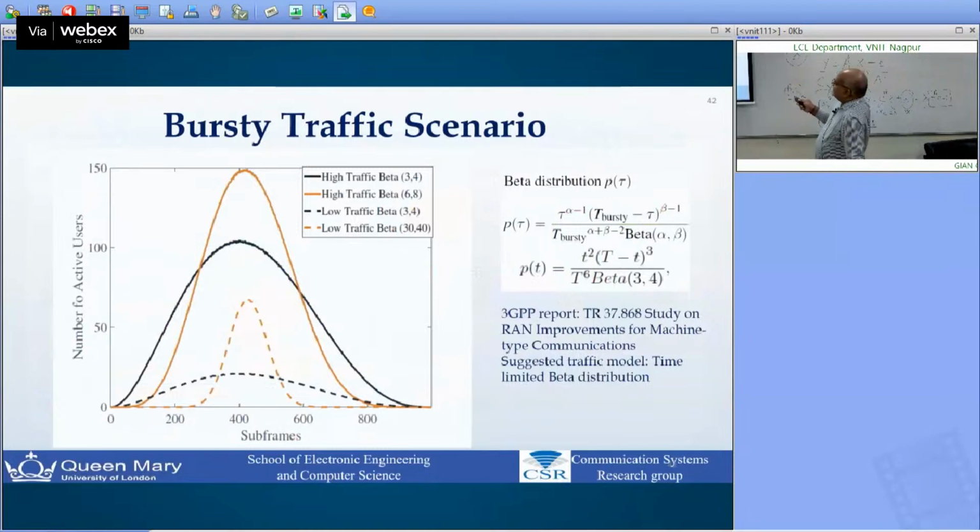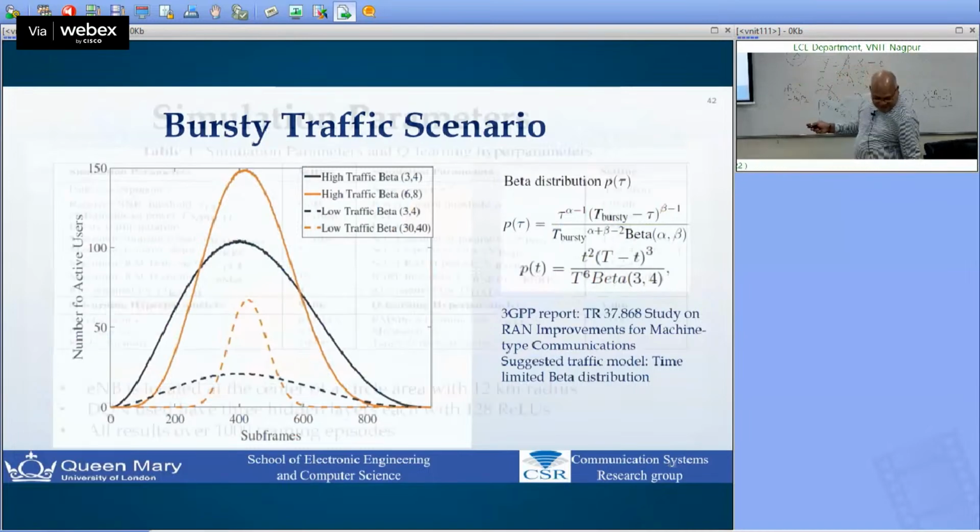Using the two parameters alpha and beta, changing the parameters 3, 4, 6, 8, 3, 4, 30, 40, we can model heavy bursty traffic and light bursty traffic. So when we do the simulation, we use the time limited beta distribution.